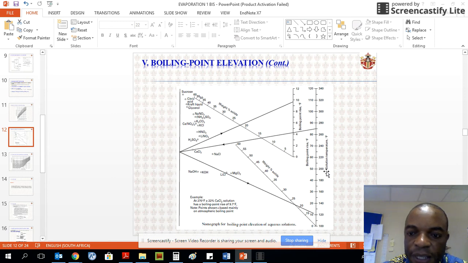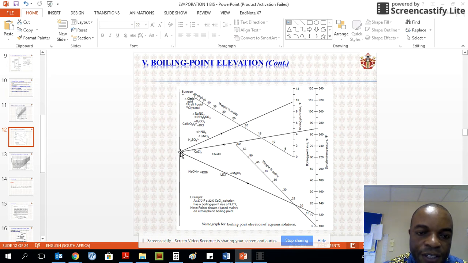Instead of solution temperature, it is better to say that it's the pure component temperature. So from the 270 degrees point, you draw the line going through the point representing your component.